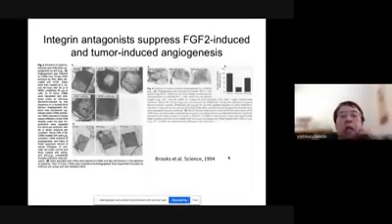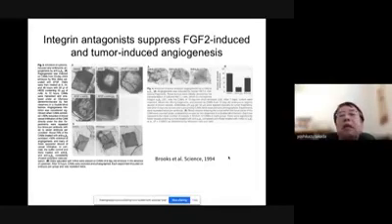So this was a major topic at that time, New York Times first page type of thing. Because of this, integrin antagonists could be used to treat cancers.